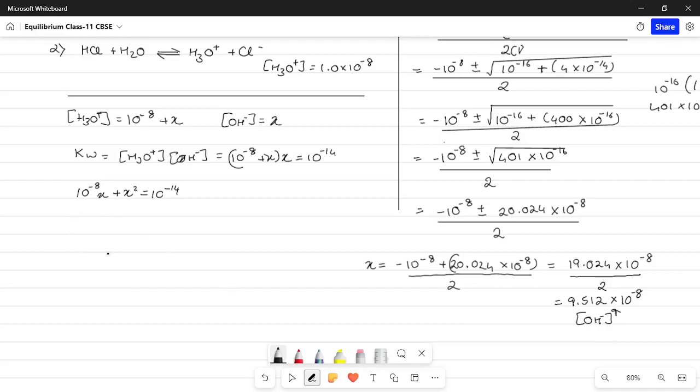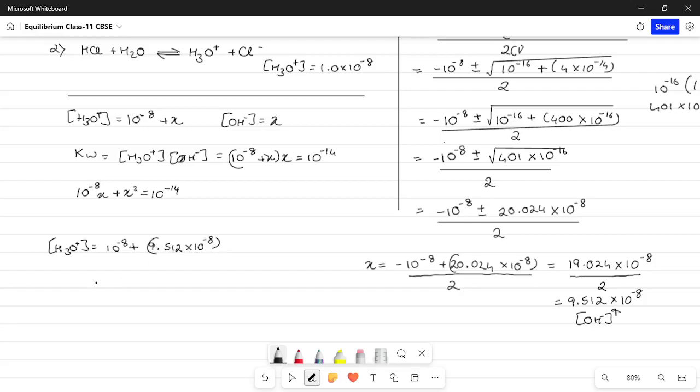Now the concentration of H3O plus equals 10 to the power minus 8 plus 9.512 into 10 to the power minus 8.